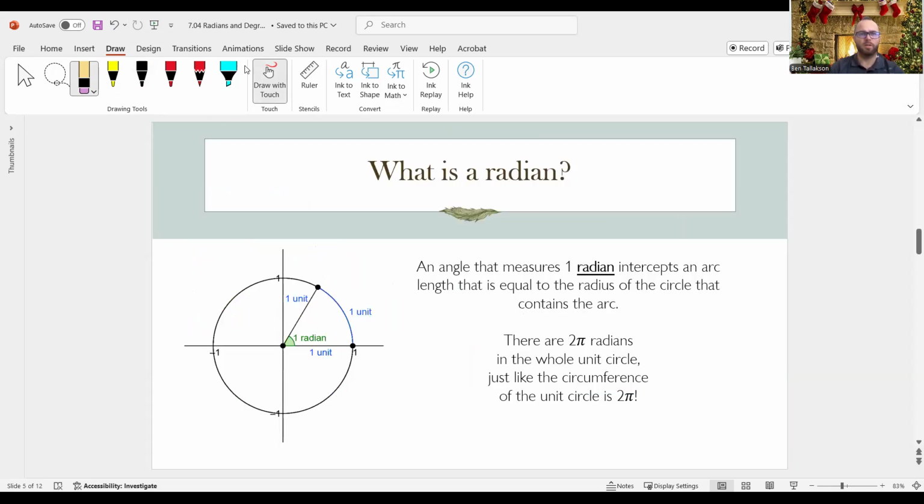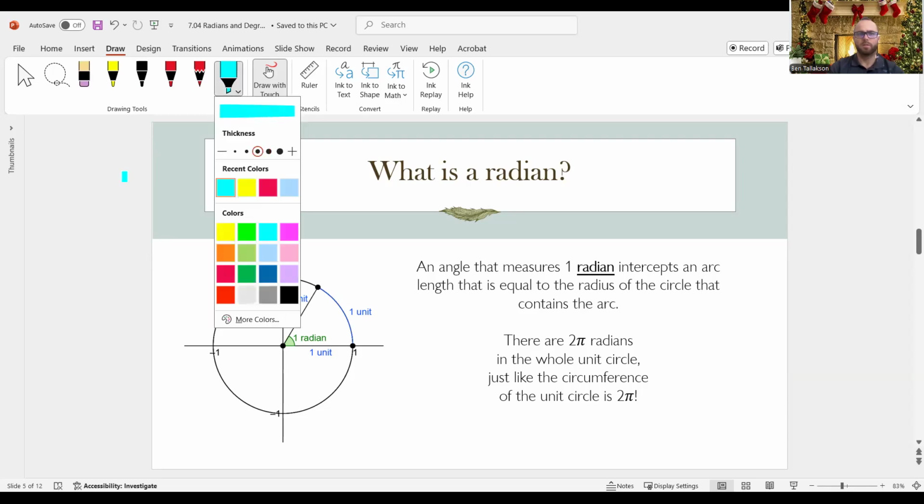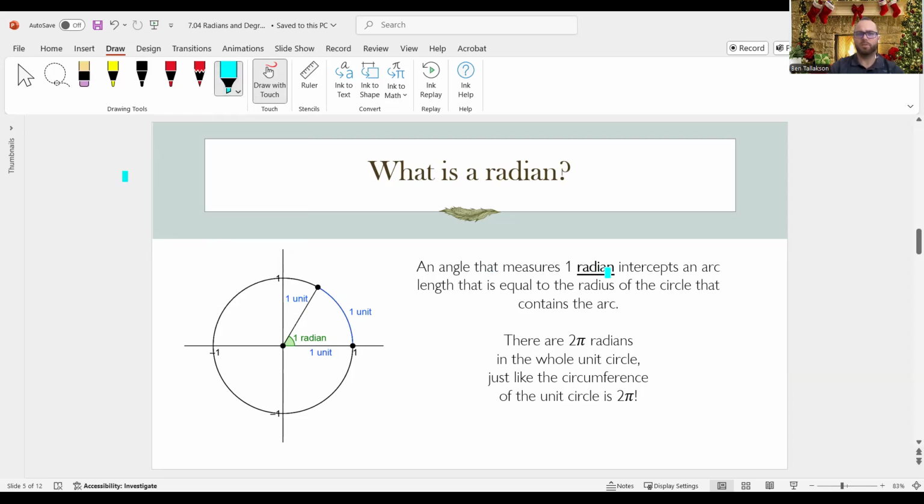Now, just to elaborate a little bit more on what a radian is, an angle that measures 1 radian, so there's our angle with 1 radian, intercepts an arc length that is equal to the radius of the circle that contains the arc.